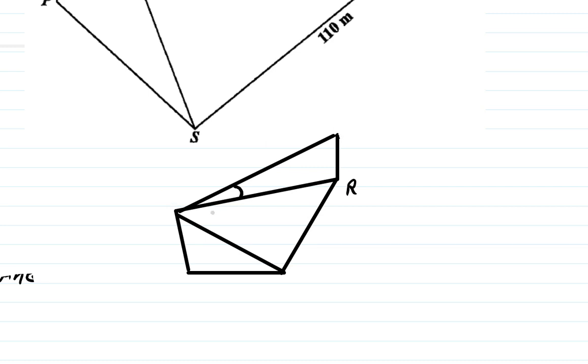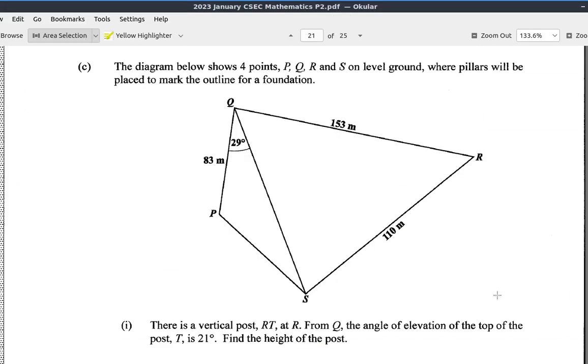And you have a vehicle parked here, just for imagination. This is the ground, level ground. You have the grass. Just trying my hand at a three-dimensional drawing here. It says the post is RT.